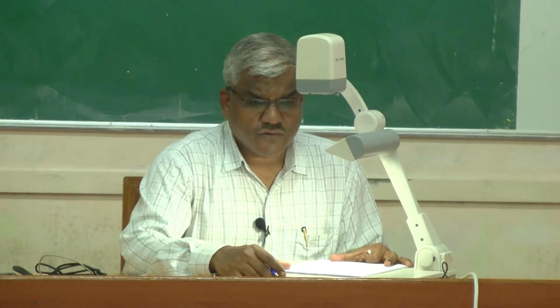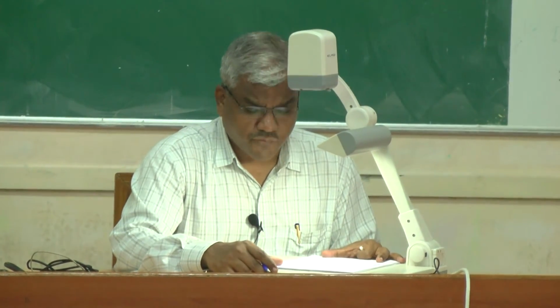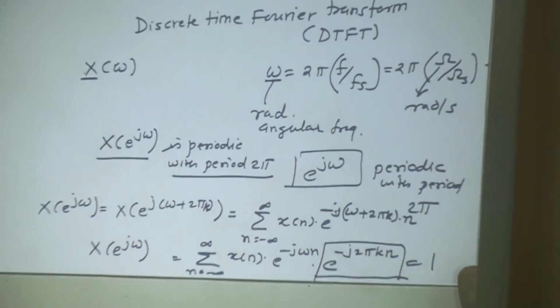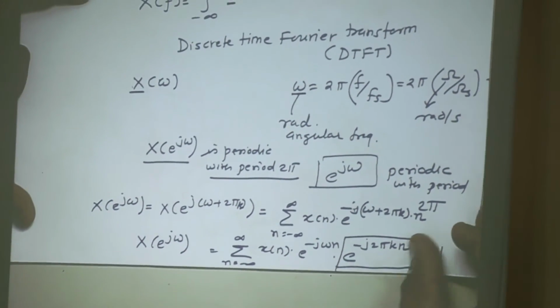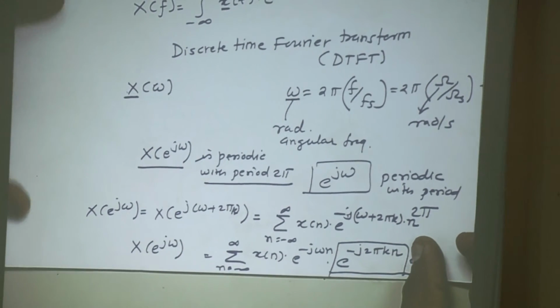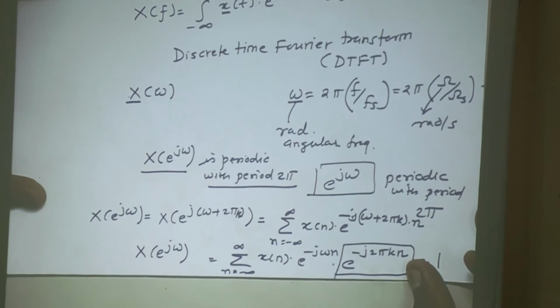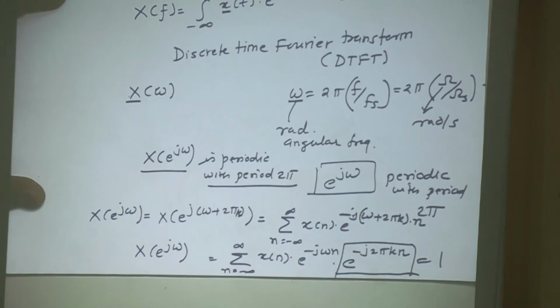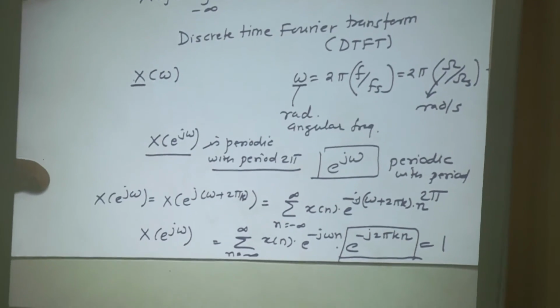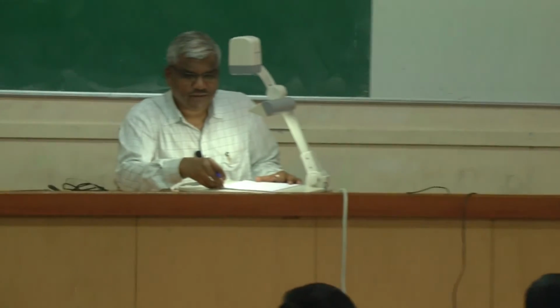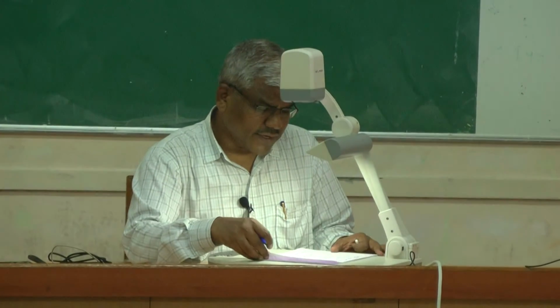Let's see how I am trying to compare this with the Fourier transform of a continuous time signal. When you sample a signal x of t, you get x of nT, and the Fourier transform of x of nT is periodic, right? Let's see.